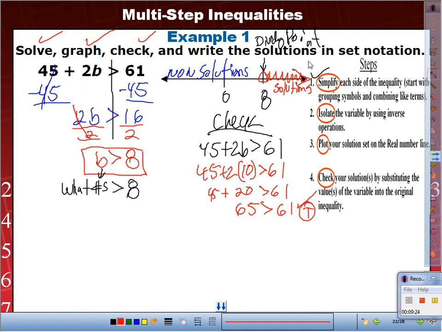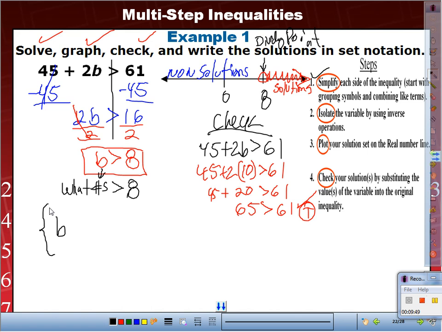Now we need to write the solution in set notation. So look up, writing utensils down. Here it goes. I'm going to use the term that I want you to use as you are writing when I ask you to participate and give me the solution set. So pay attention to the terminology that I use. Ready? Solution set for all variables b.